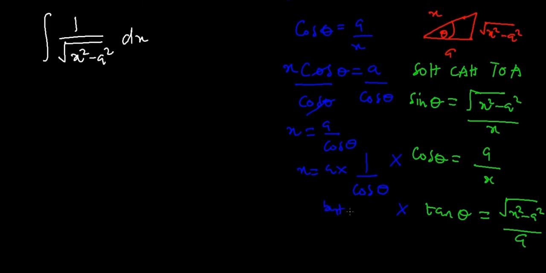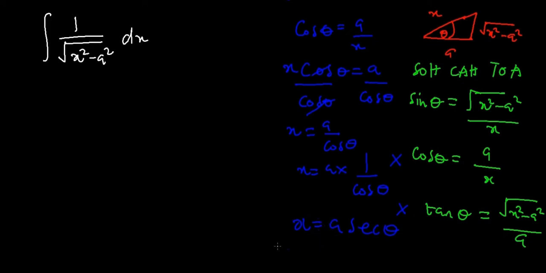But 1 over cosine of theta will give me sec theta. Okay, so I can actually write this as x equals a sec theta. Okay, so now that you have x, what you would like to do now is to find the derivative of x.